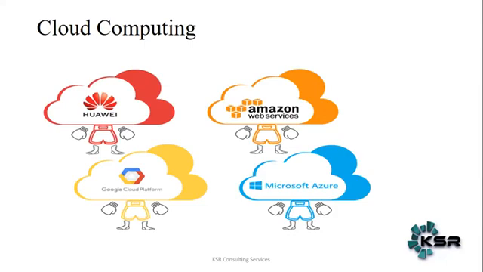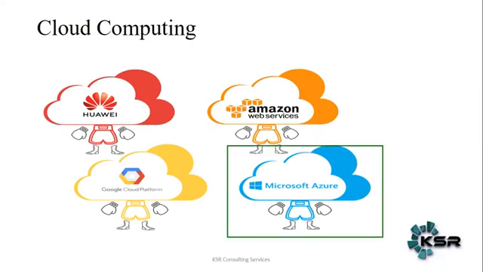Similarly, for data engineering, we have to organize the data, bring all the data from multiple data sources and make sure that I use it for my business. In order to do that, I will choose one cloud service. And in this course, we are going to learn Microsoft Azure.